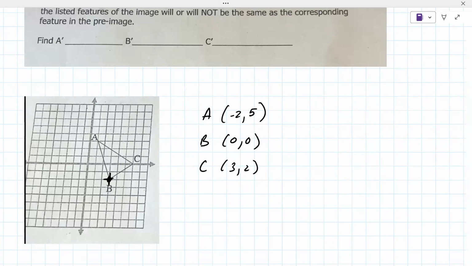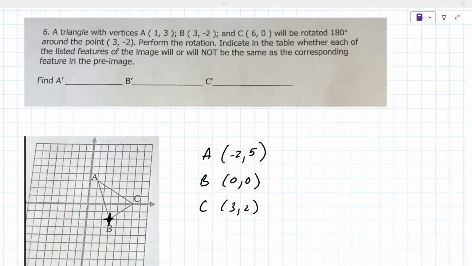Now, if you look at that reference sheet I sent you, 180 degrees does not matter whether it's clockwise or counterclockwise. You might wonder why that is, but it gets you to the same place. The rule is that the XY pairs both negate.